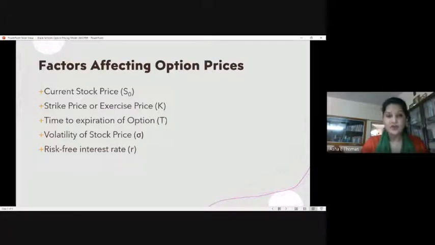So the risk-free interest rate is another part of our computation, which can be regarded as an opportunity cost also, right? Opportunity cost is considered to be the minimum return which we can expect if we did not go for this risky option. So that's why we call that an opportunity cost.